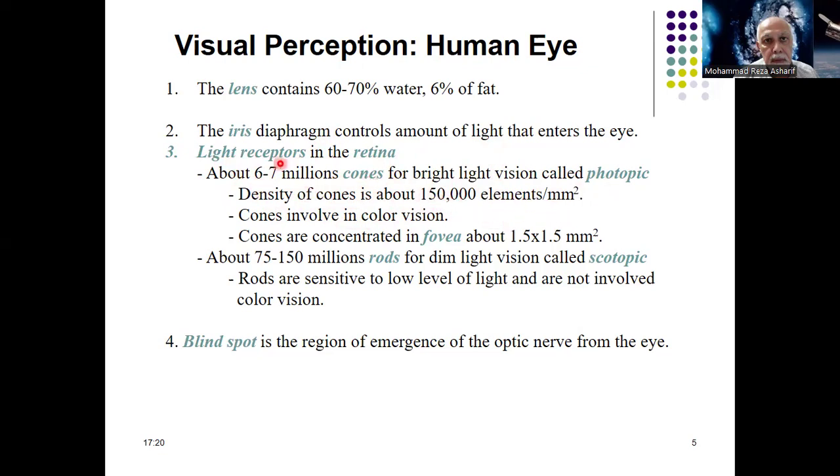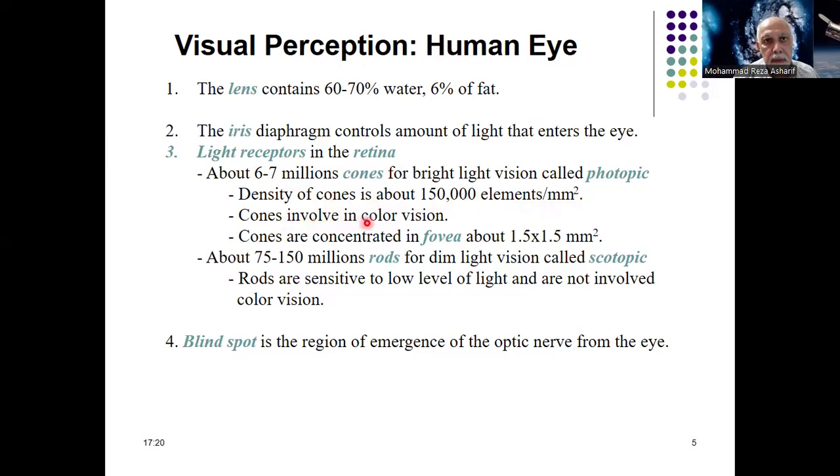So the total number of cones is about 5 million, but in each square millimeter it is 150,000. It's like a digital camera, but much higher. The density of the elements is much higher than the present digital cameras of today.